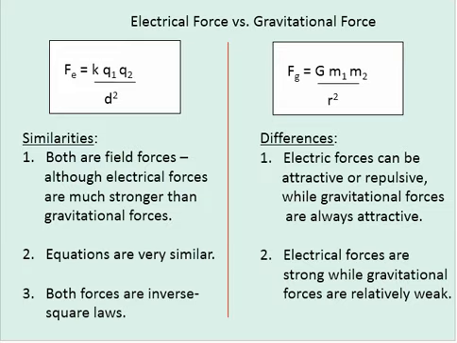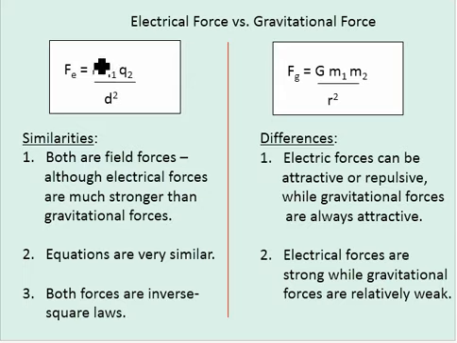Some differences, though, are that the electrical forces can be attractive, pulling towards each other, or repulsive, pushing away from each other. The gravitational forces are only attractive. They only pull towards each other. Also, the electrical force is very strong, while the gravitational force is relatively weak.